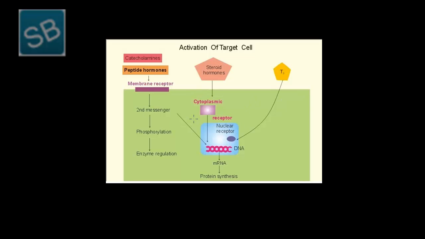As it can be seen from the figure, the peptide hormones which bind to the receptor and via various messengers undergo various processes like phosphorylation which helps in regulation of enzymes.